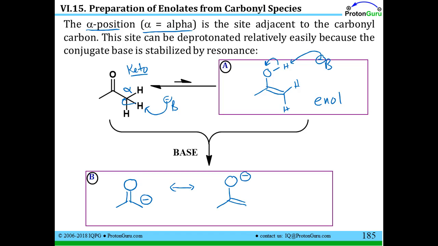We draw the enol like this, right? We can interconvert those two resonance structures by drawing arrows like this. And when you deprotonate an enol or a keto form and get these two forms like this, you have what is known as an enolate, which has a resonance hybrid structure, looks like this, with partial negative charge on both the oxygen and the alpha carbon that you deprotonated.